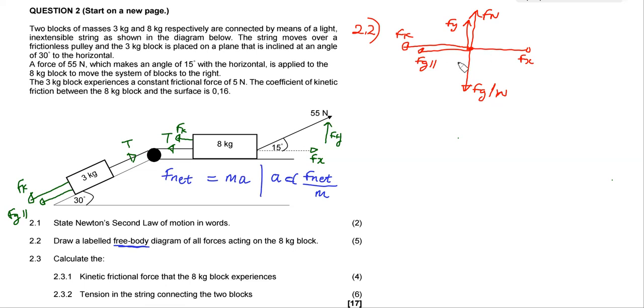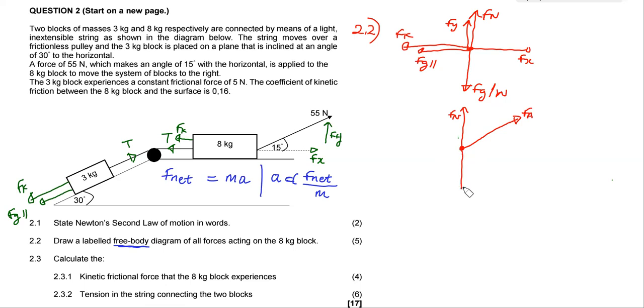But you can also represent this free body diagram in a different way. You put your Fn there, going up, and the applied force here is at an angle, which is 55 degrees, so you can put it as an Fa. That's applied there.